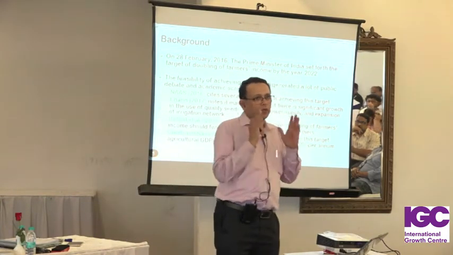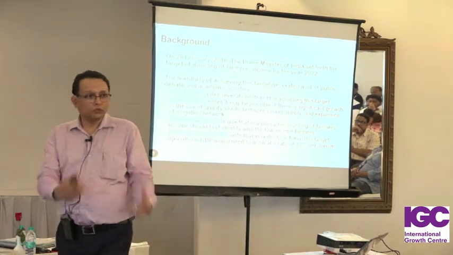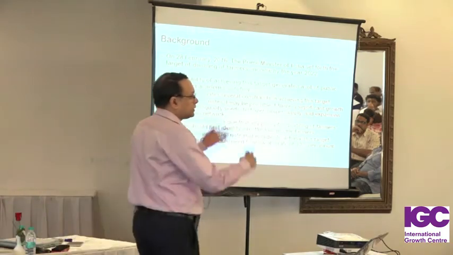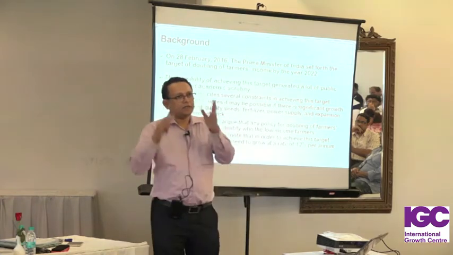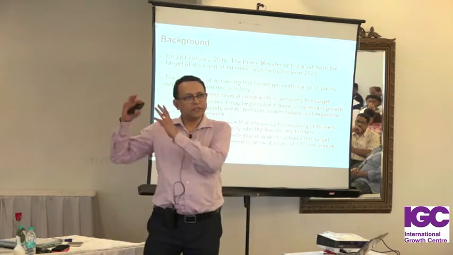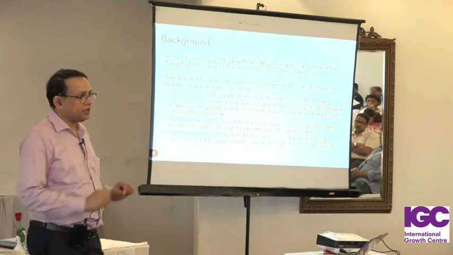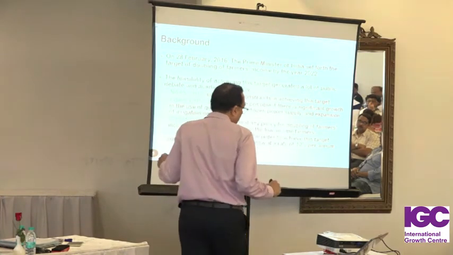The stress has always been on such volumes. This is the amount of food we have to produce, so we need this much fertilizer, this much pesticide, this much irrigation, etc. Everything quantitative.